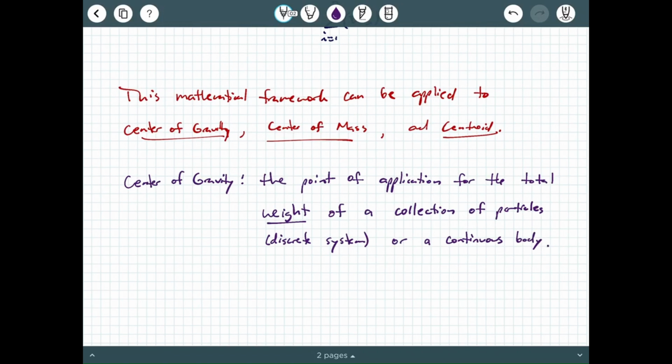All right, now center of mass. What is the definition of center of mass? Well, center of mass is very similar. Center of mass starts out the same.